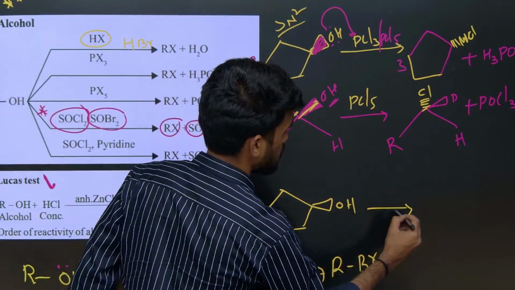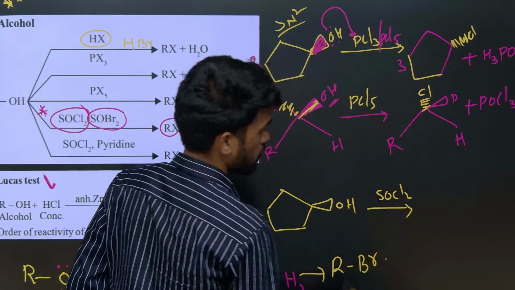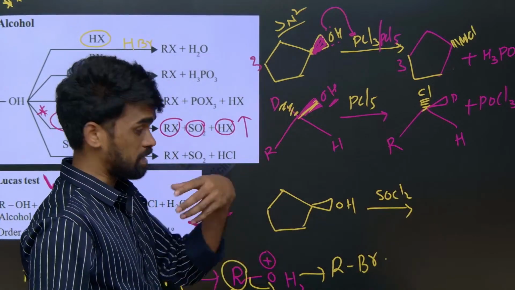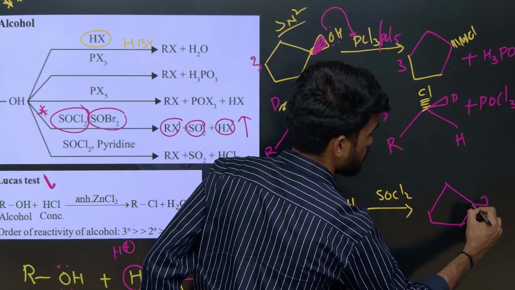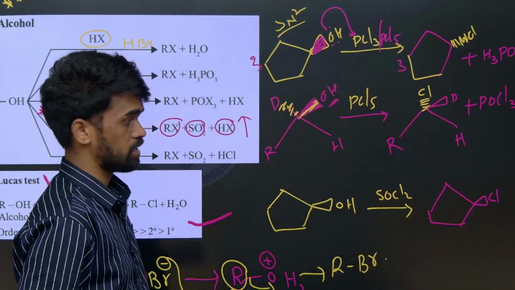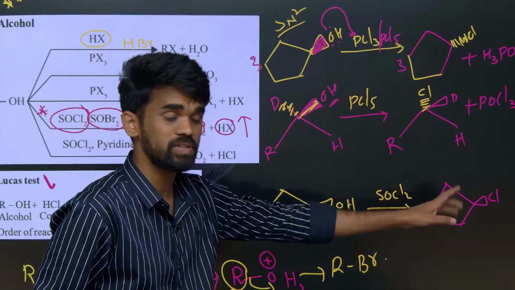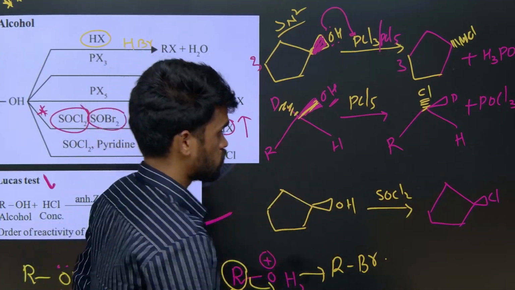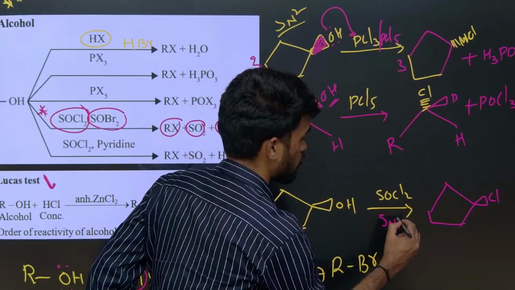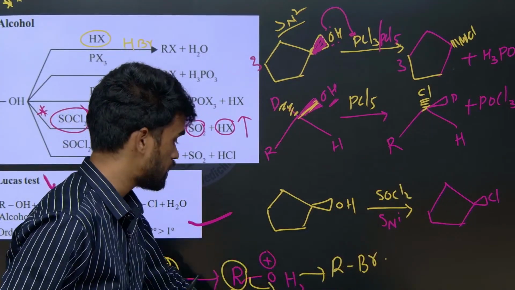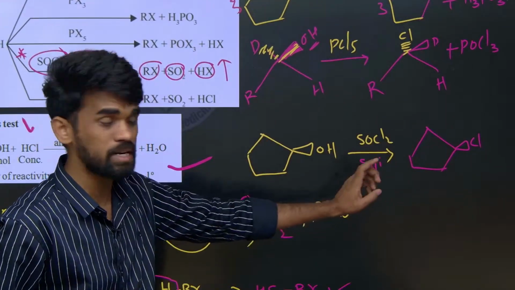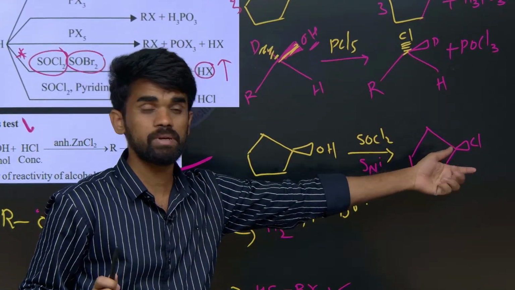When we are treating this with SOCl2, the configuration remains the same. So you can write chlorine as it is; just remove OH and replace with Cl. This is an intramolecular nucleophilic substitution mechanism taking place here. I am not explaining the mechanism, just remember the reactions and stereochemistry as it is.